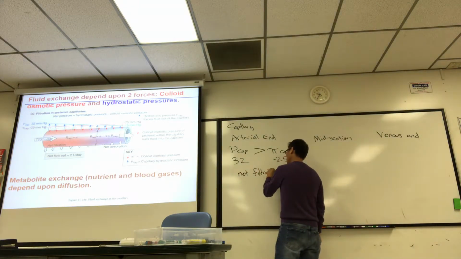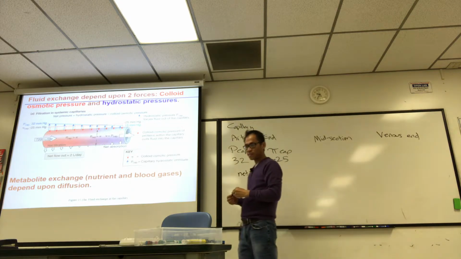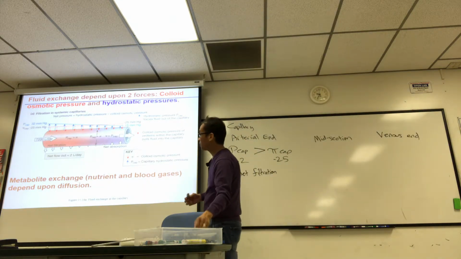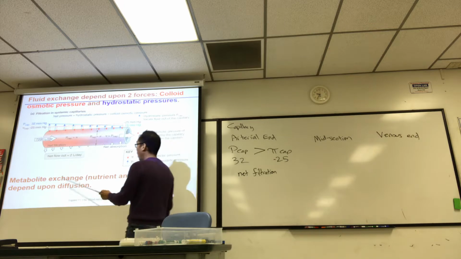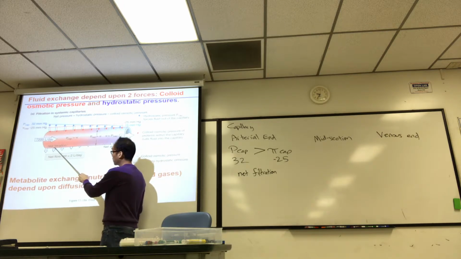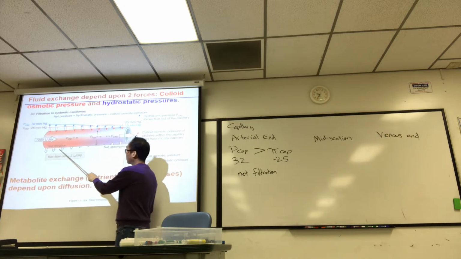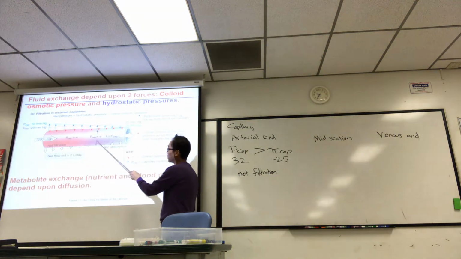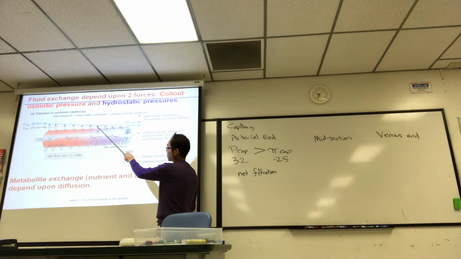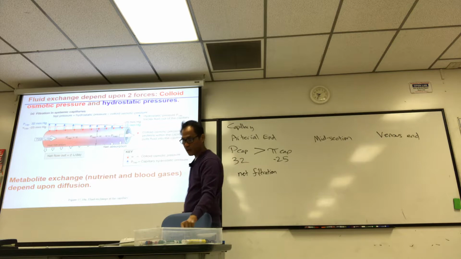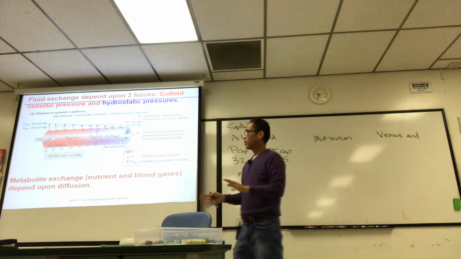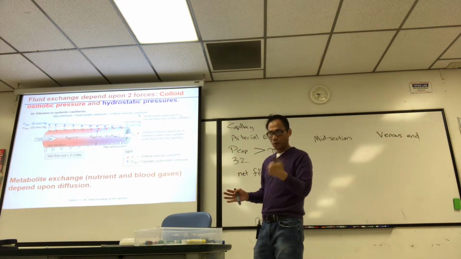Now, do you see the white arrows on the bottom there? That's supposed to illustrate this net flow out, this net filtration right there. Turns out, at some point right around here, the forces are equal. And so there's no net fluid exchange, no net fluids out or in.